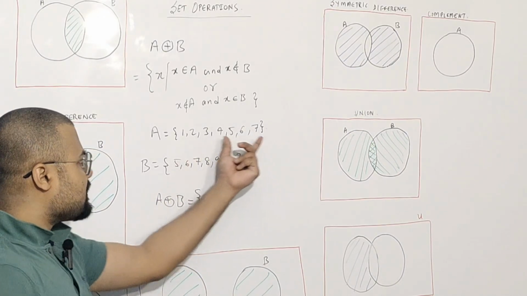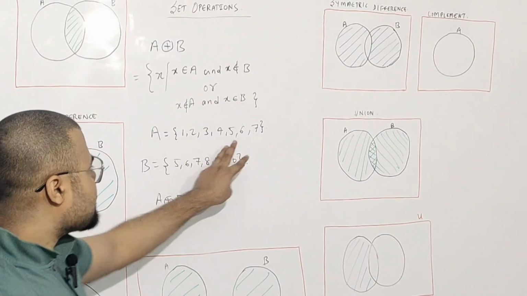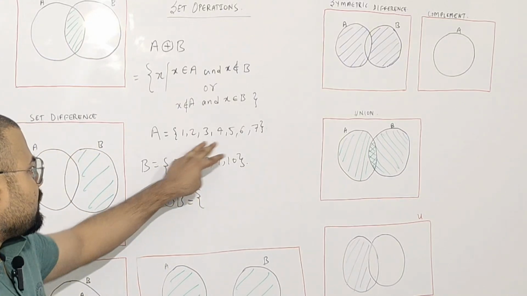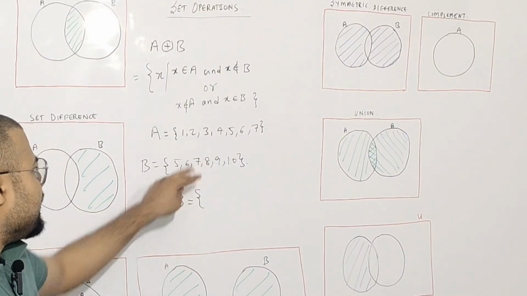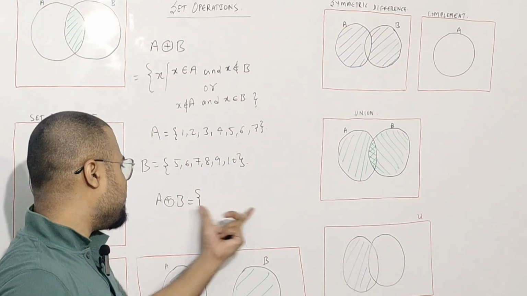Elements in A symmetric difference B will be everything apart from 5, 6, 7, because 5, 6, 7 is the intersection region. 5, 6, 7 are the common elements, so every element other than 5, 6, 7 will be a part of this.